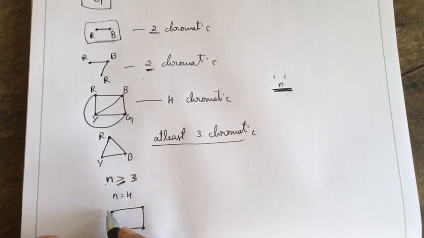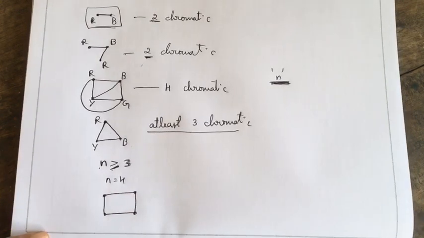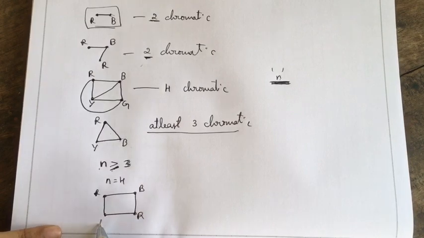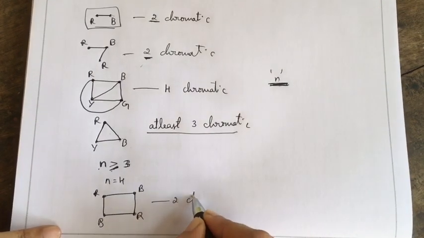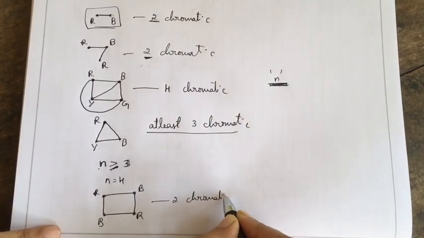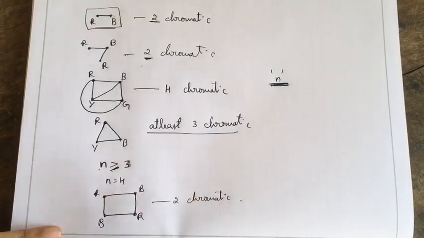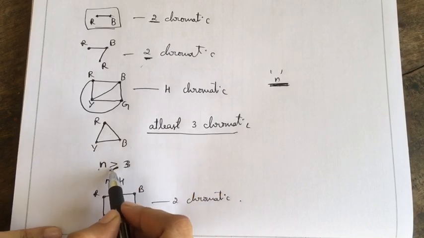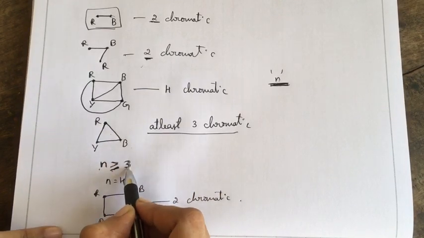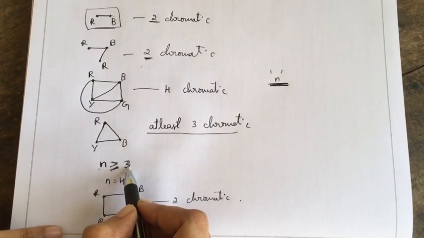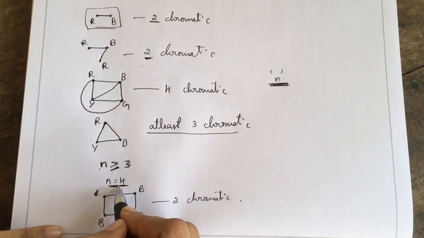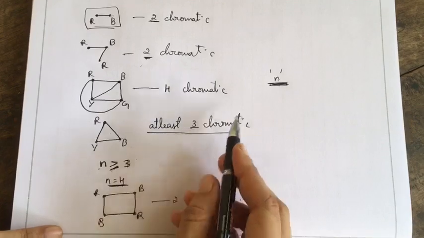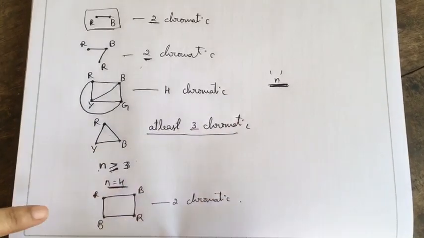I had already given this example: red, black, red, black, so it will be 2 chromatic. So remember, a graph consisting of simply one circuit with n greater than or equal to 3 is 2 chromatic if n is even, and if n is odd, then it is 3 chromatic because it will contain a triangle.